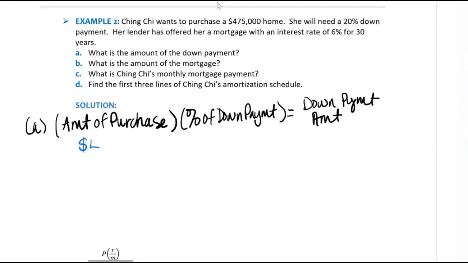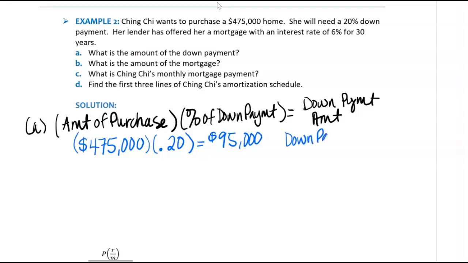So the amount of purchase is $475,000 times a down payment of 20% converted to decimal form, and that will equal $95,000. So the down payment amount is $95,000.